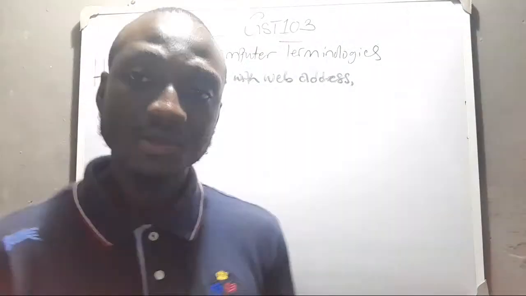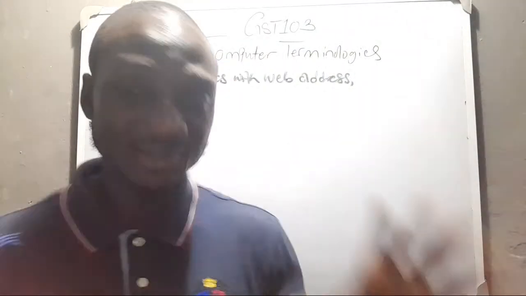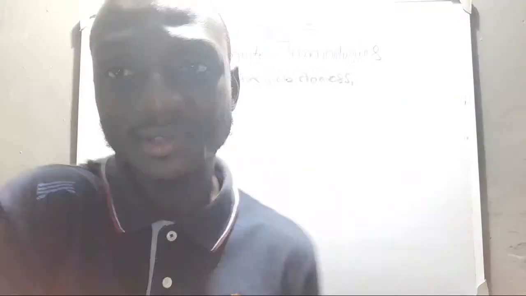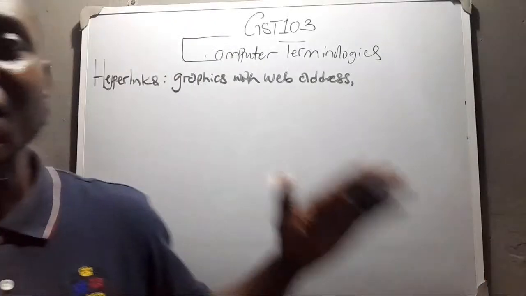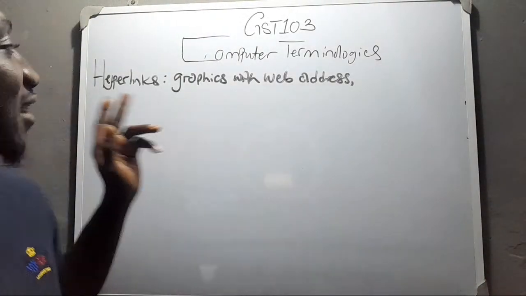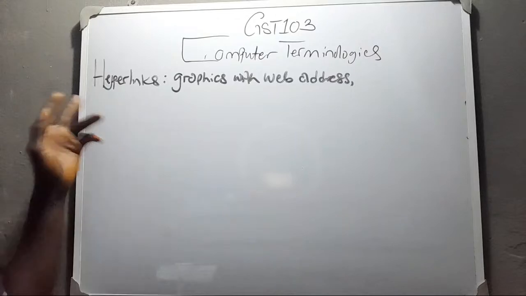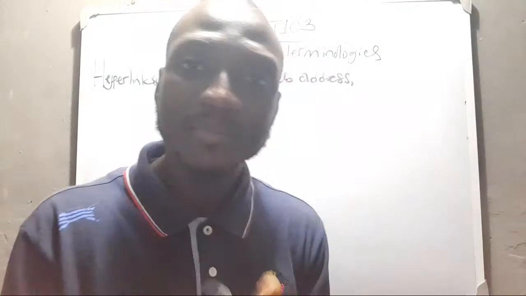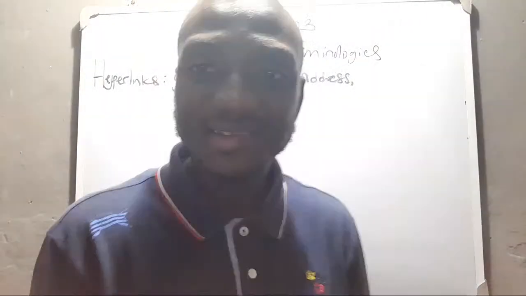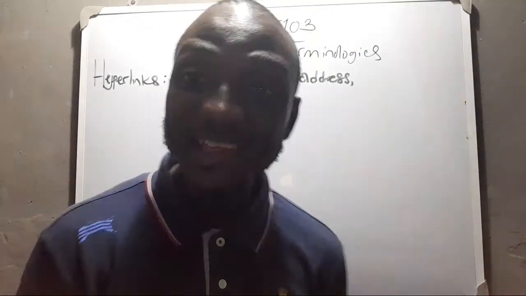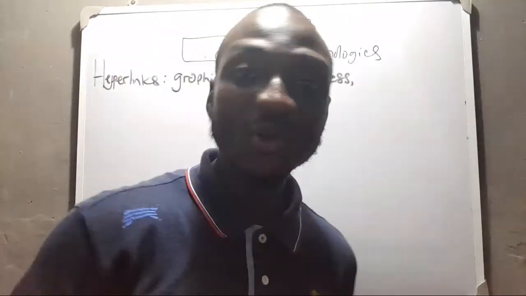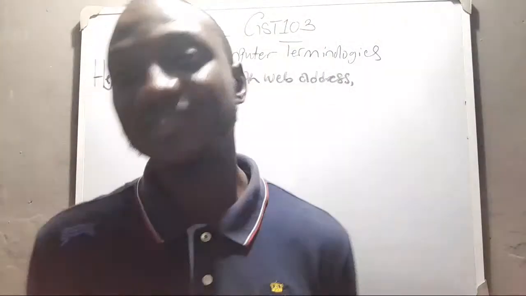A button in form of a graphic. You can call it a graphic, you can call it a button. It's there. And one thing is that when you click on that button, it brings you directly to the class. That is hyperlink. That graphic, that text, or that button has embedded in it a link or an address. So when you click on it, it sends you somewhere else.